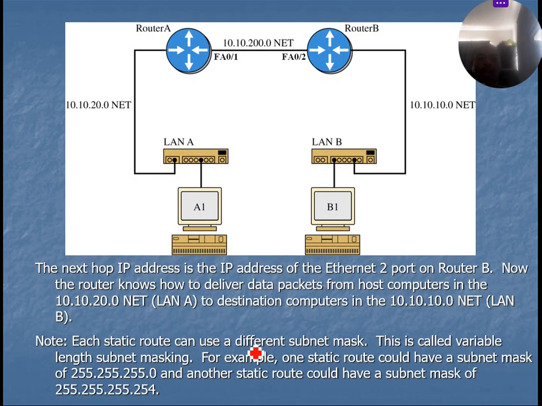The next hop address is the IP address of the Ethernet 2 port on router B. Okay, this one, Ethernet 2. This is the next hop address. We've described that, right? Now the router knows how to deliver the data packet, because you say that it should go to router A from here.